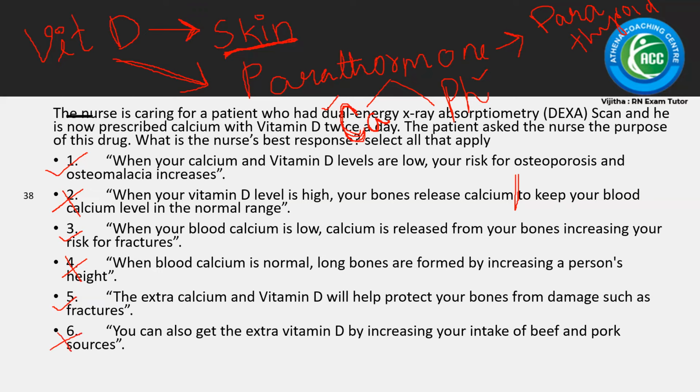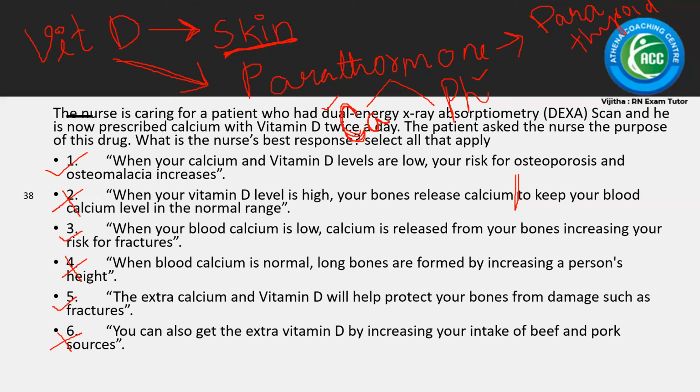So what are the vitamin D rich foods? Egg yolk. Fish and fish liver oil. Cheese products and milk sometimes, but calcium is found high in dairy products.